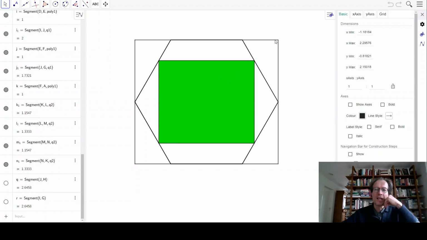And since here the outer rectangle has the aspect ratio of 2 to square root of 3 and not 1 to square root of 3, so it is basically twice as high, you already know that the inscribed rectangle cannot be tilted. It must indeed be, this line must be parallel to the upper line.